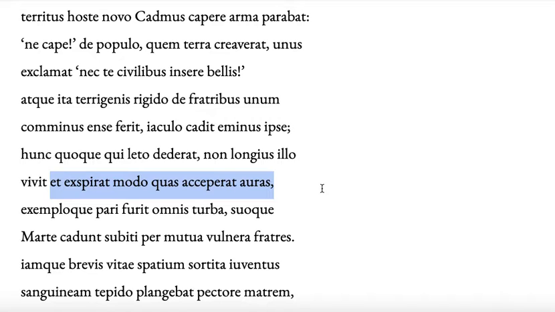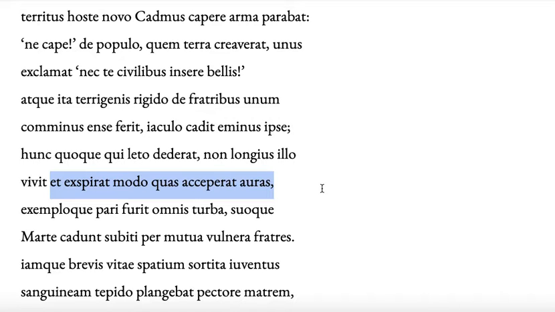Literally that's accusative plural, the breezes, but in English we would probably just say the air, which, quas, that's agreeing with auras, which he had received, acceperat, pluperfect tense, recently, modo. So modo is an adverb here meaning just now or recently.